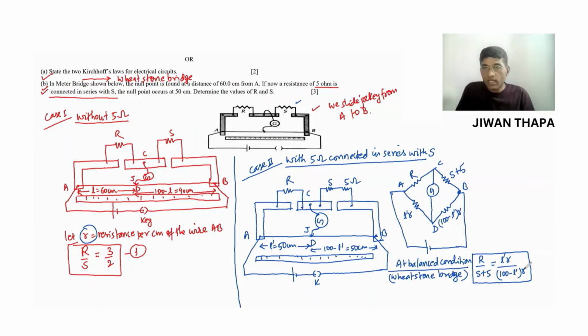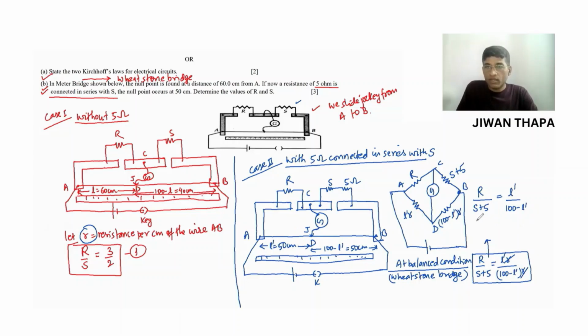Now this R and this R cancel out. So what do we get now? R by S plus 5 equals L dash by 100 minus L dash, and we find L dash is 50.